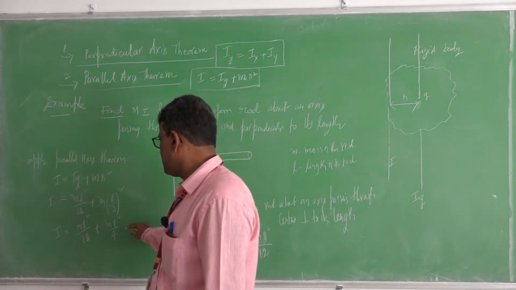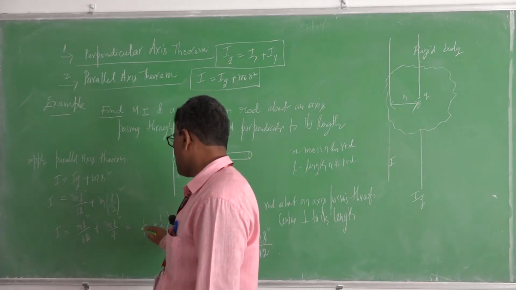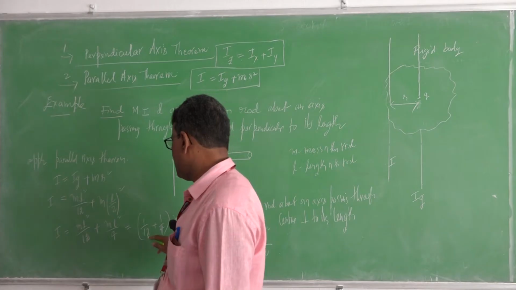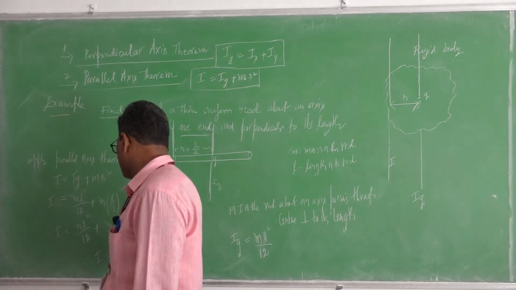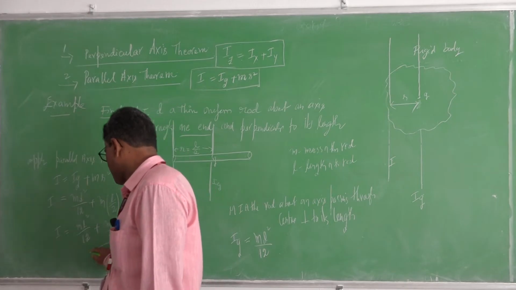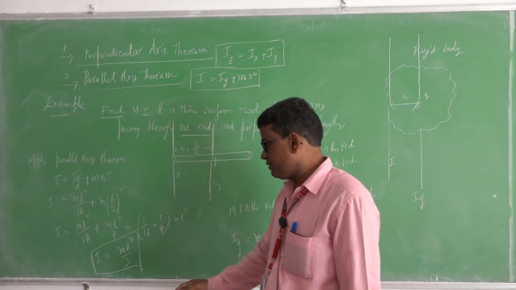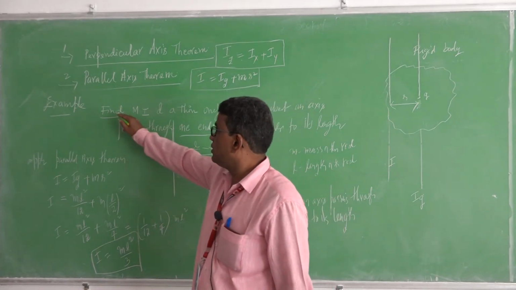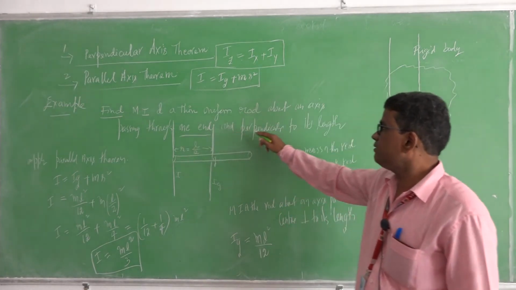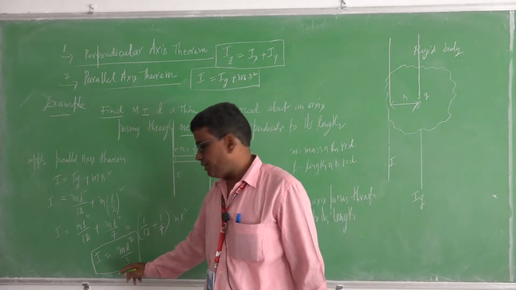So this is 1 by 12 plus 1 by 4 of ml square. Then how much did you get? I is equal to ml square by 3. So I got the moment of inertia of the thin rod about an axis passing through one end perpendicular to its length as ml square by 3.